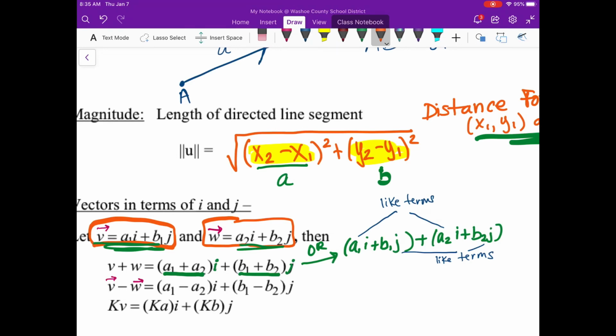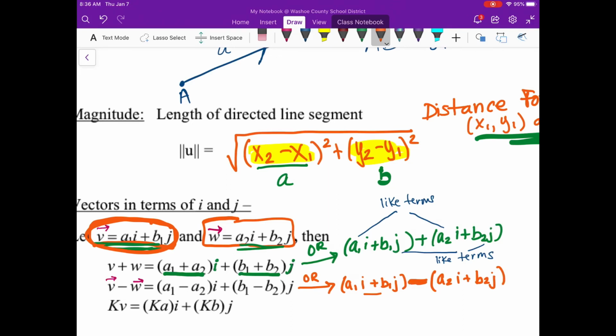Similarly, with subtraction, we're going to take both vectors and subtract. So here I'm going to write it again. Another way to think about it would be taking a sub 1 i plus b sub 1 j. And I know this is subtraction, but again, I'm just taking the vector and replacing it here. The subtraction comes in here. We're going to minus the other vector, a sub 2 i plus b sub 2 j.